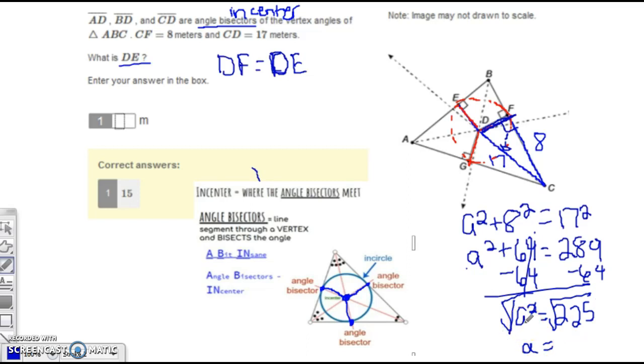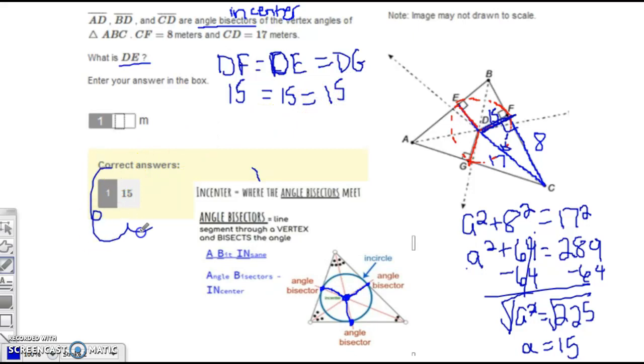They cancel. And so a is 15, which I let DF be a. So now that I know DF is 15, I also know that DE is 15, and for that matter, DG, because all of those are radii of the inscribed circle. So our final answer here is 15.